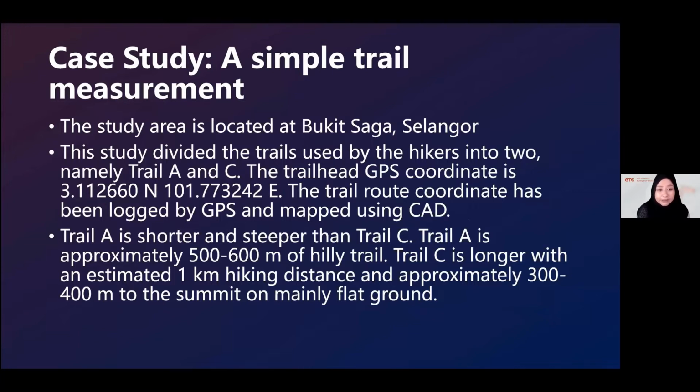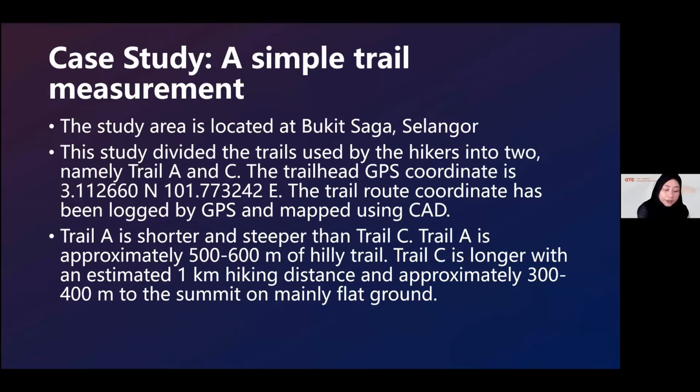One we name trail A, and the second trail is trail C. In the screen it shows the GPS coordinates of the area, the trailhead. The trail has been logged using GPS, actually using a smartwatch, downloaded into KML format and mapped into AutoCAD or using CAD. And then we analyze using GIS software.